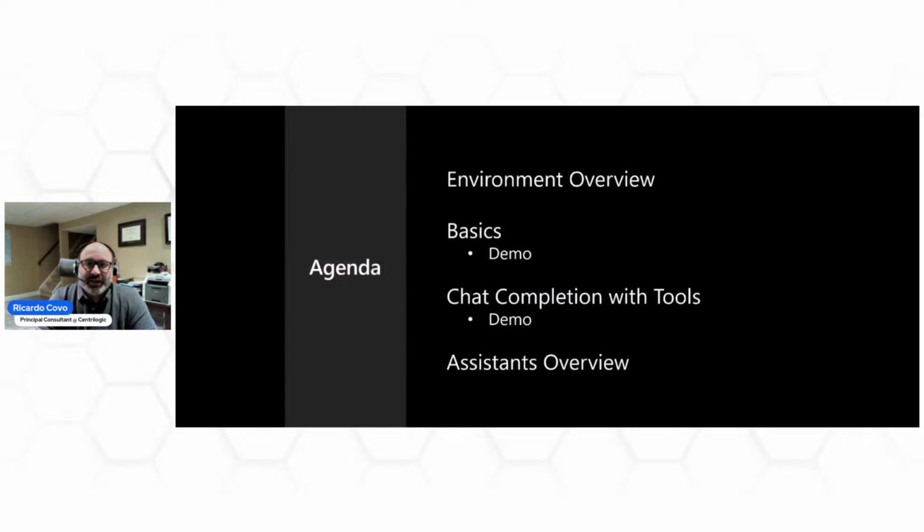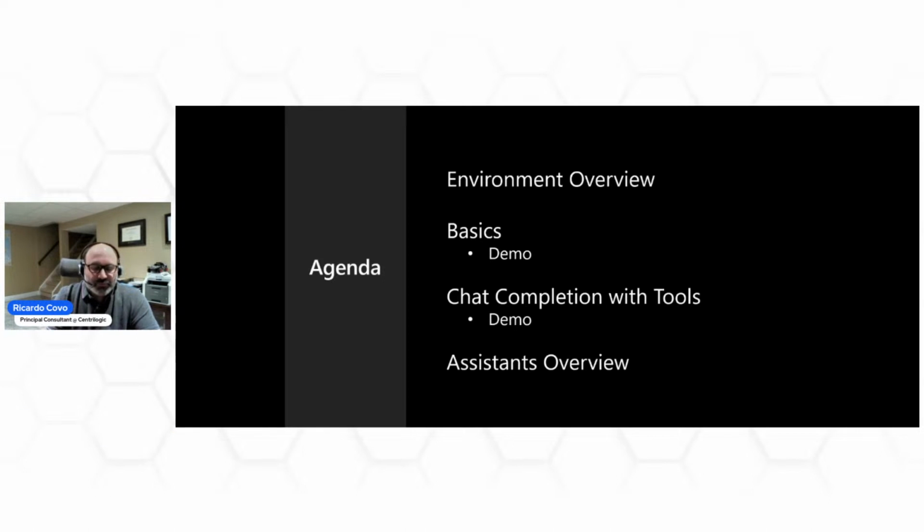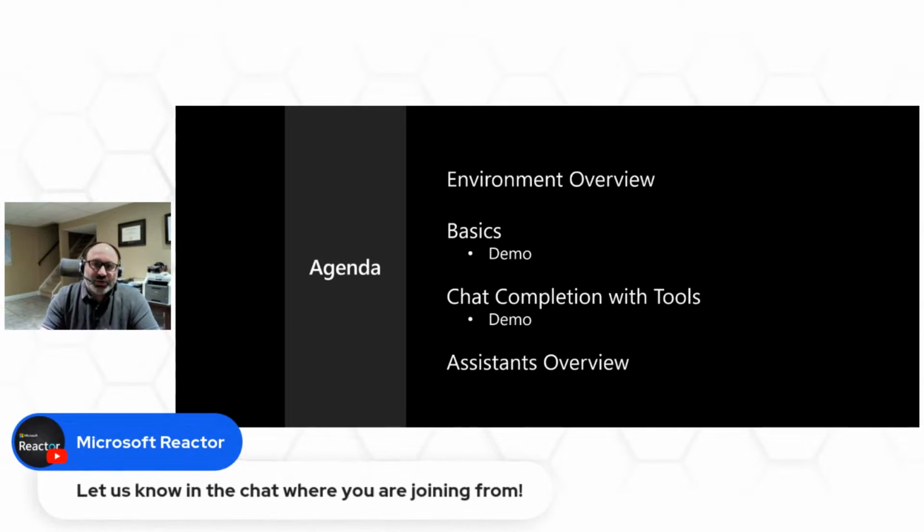In the agenda today, first I'm going to give you an overview of the environment and the services that we're going to use. This is going to be a very demo-heavy presentation. Then we're going to go into the basics of what a ChatGPT assistant looks like in a Blazor C# configuration.